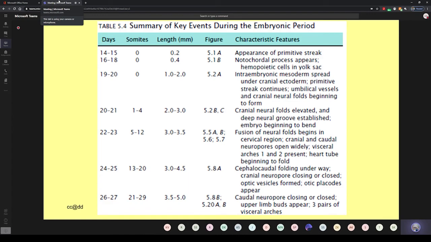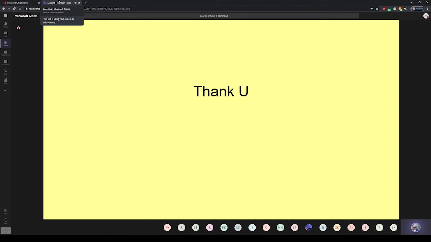The summary of all what was discussed is, please note again, I'm repeating, third to eighth week, most crucial period, embryonic period, tissue genesis, organogenesis, almost everything is formed in the body. And if there is going to be any insult during this period, there is going to be a disturbance in the sequence, and what is going to result is the causation of birth defects, that is congenital malformations. So that was the part of this presentation.